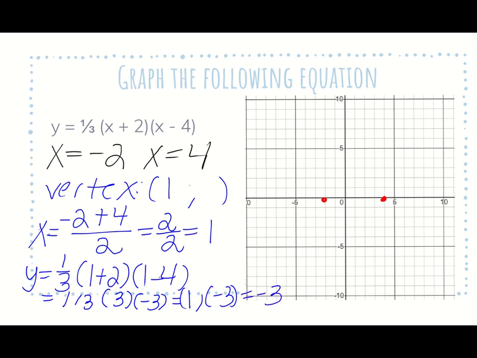So our vertex is at (1, -3). It's a positive 1/3, so our graph should open up, and that would be our parabola. We have our vertex, we have our two x-intercepts. We have 3 points on this graph to sketch our general shape through.